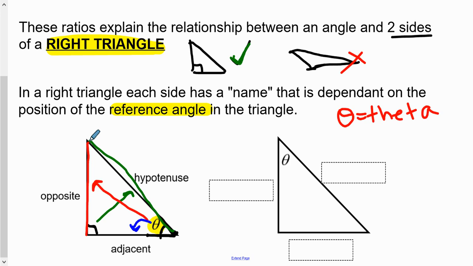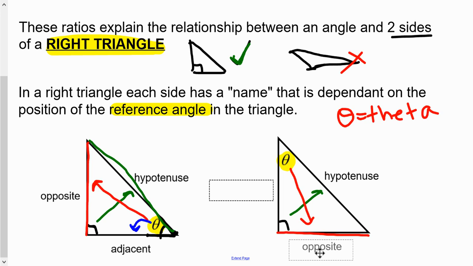Now, again, this all depends on where our reference angle is. So if instead I'm trying to know things about this angle up at the top, only the opposite and adjacent are going to switch. The hypotenuse, the longest side of the triangle, hasn't moved. Just because we're looking at a different angle, the hypotenuse is still that longest side. However, now the side length that is opposite, furthest away from our reference angle, is on the bottom.